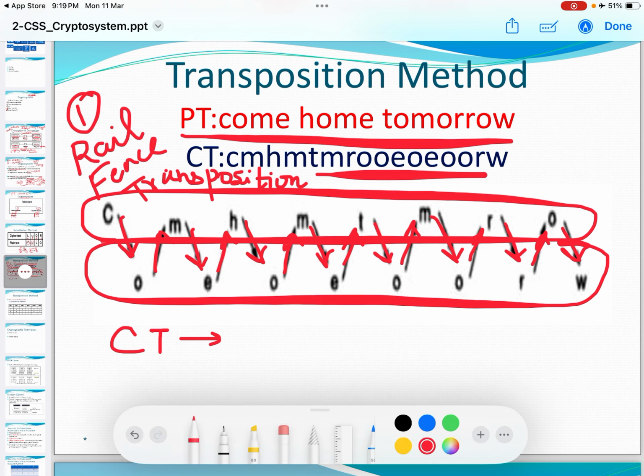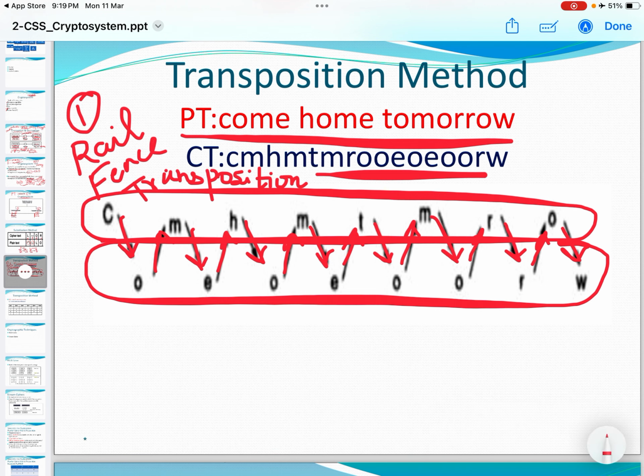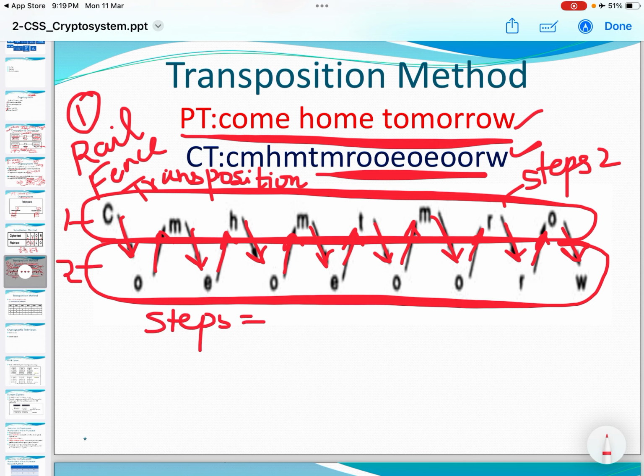This way we will get the cipher text. Now you may ask a question as to whether in transposition technique it will be very easy to find the jumbled letters. But no, this depends on steps. How many steps are used? Steps used are 2. First step and this is second step. If I say use steps equal to 3, then the person will use COMEH, somewhat like this.